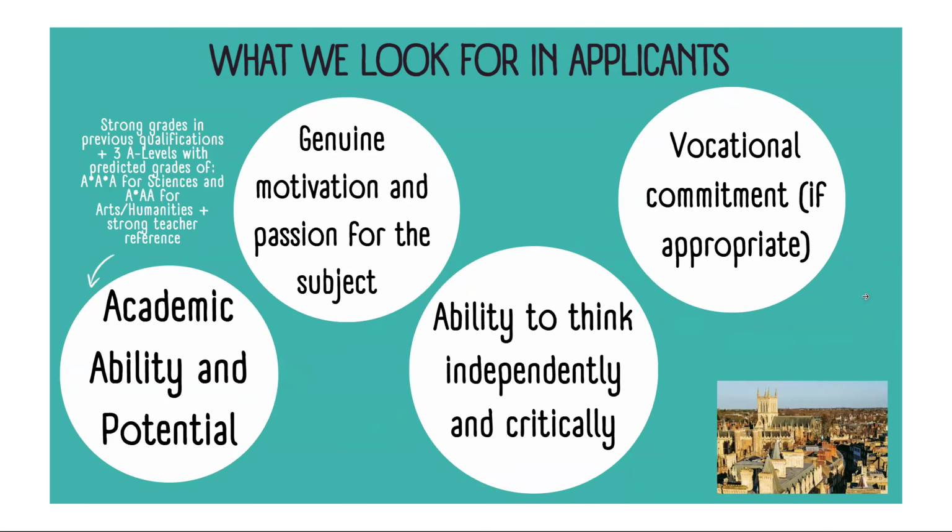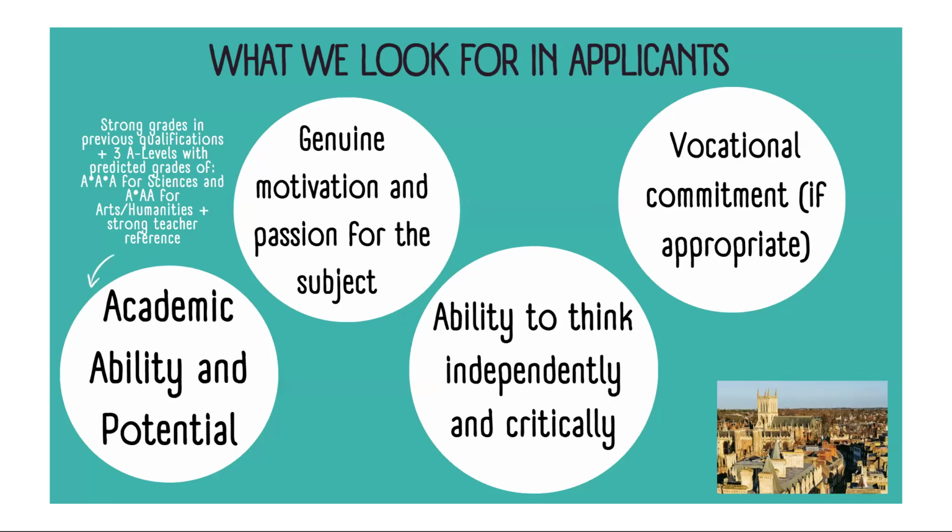What do we look for in applicants? This is just a reminder. There's four main things that we look for. First one is pretty obvious, academic ability and potential. So we want you to have obtained really strong grades in your previous qualifications.